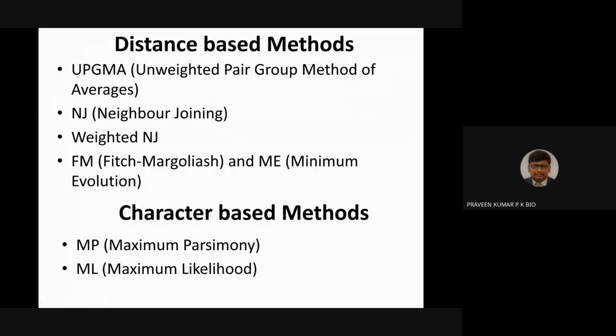NJ stands for neighbor joining. We also have another method called weighted neighbor joining. FM stands for Fitch-Margoliash and ME stands for minimum evolution. So these are the distance-based methods.